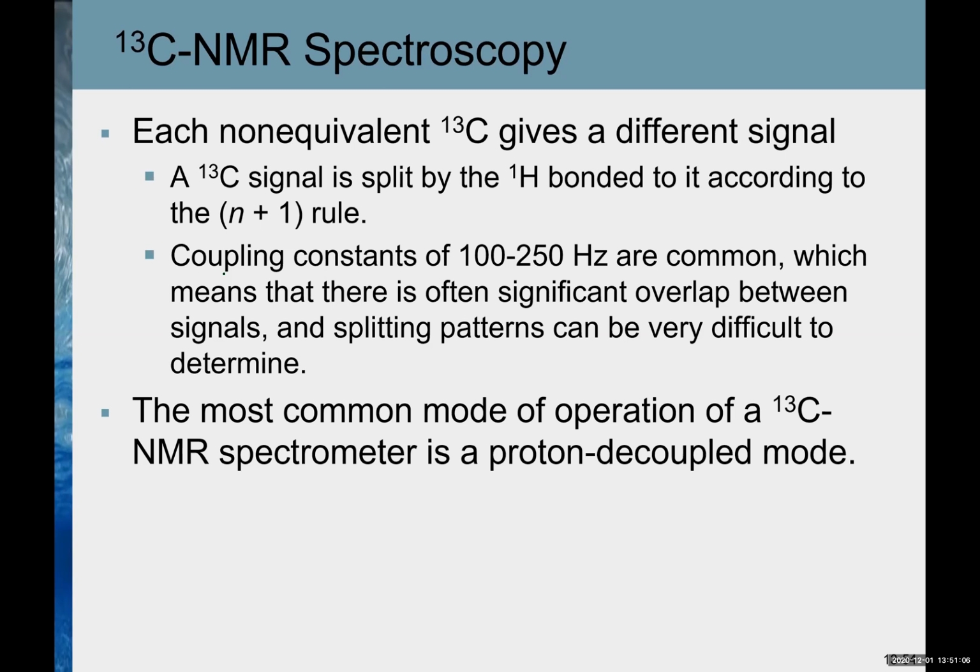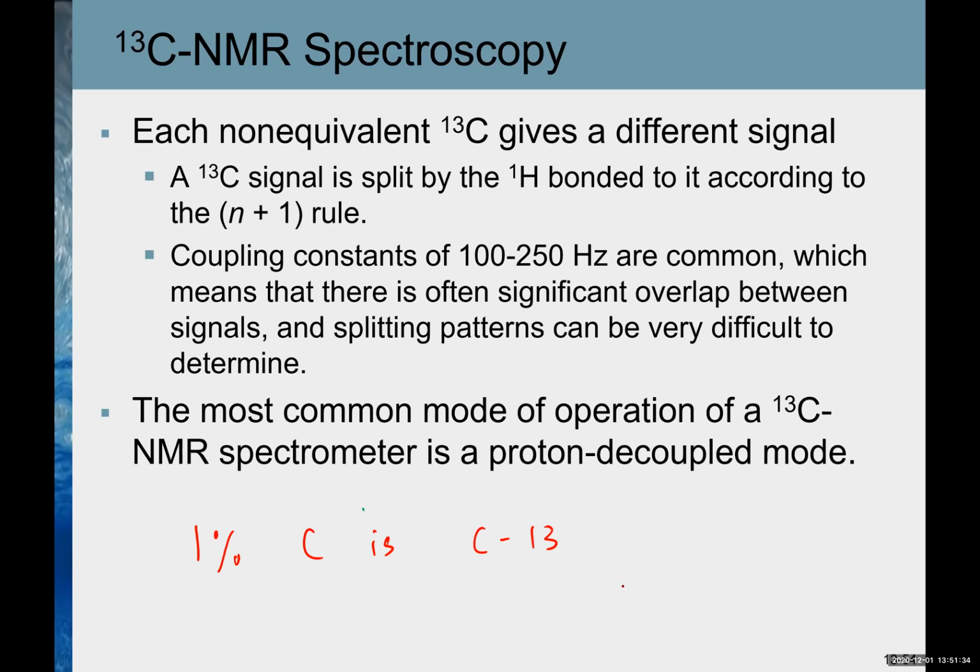In nature, 1.1% of carbon is C13 isotope. So let's use a round figure: 1% of carbon is C13 isotope.